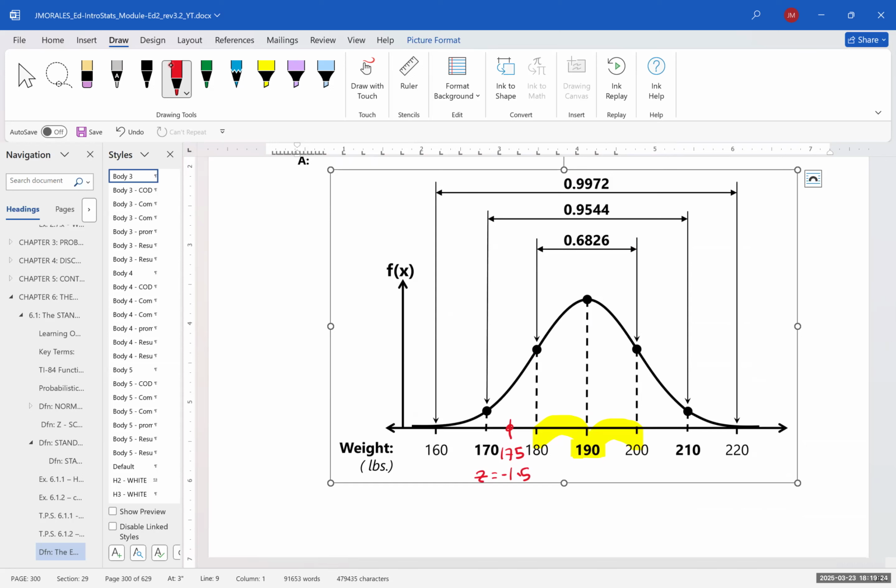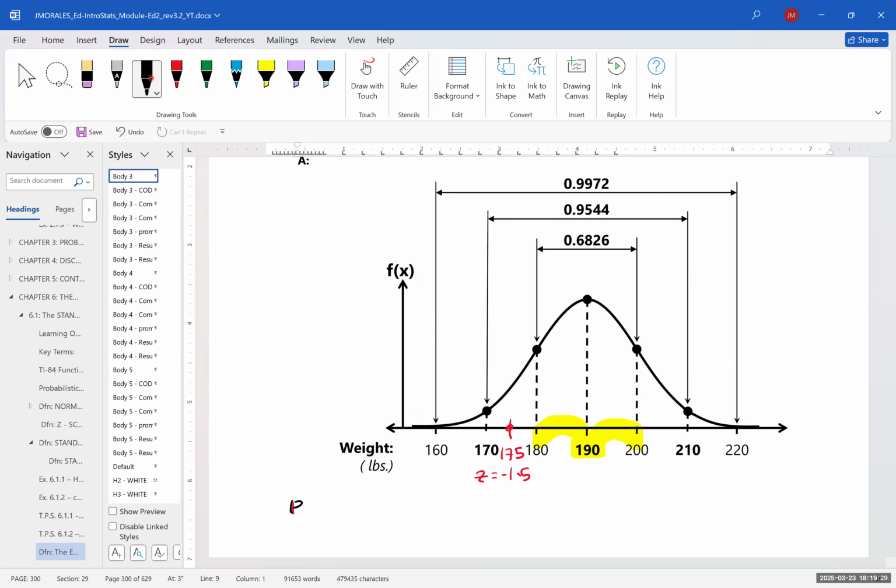Now, what if I wanted to know the probability of randomly selecting a person from the population who weighed less than 200 pounds, but more than 180?